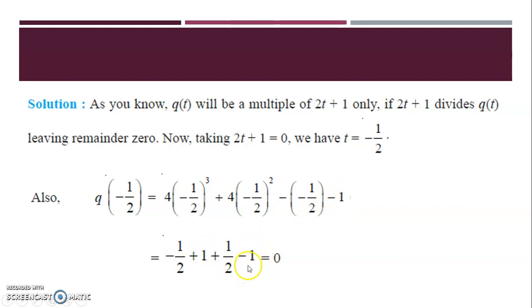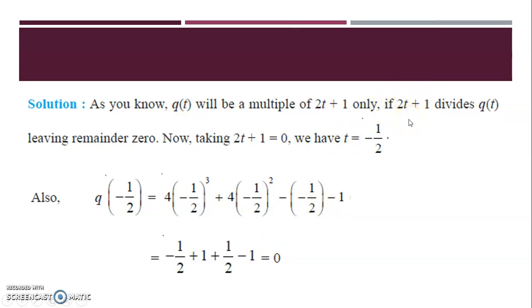Minus 1 plus 1 cancels, minus 1 by 2 plus 1 by 2 cancels, and that gives us 0. This q of minus 1 by 2 is actually the value of the remainder when q of t is divided by 2t plus 1. Since the value of the remainder is 0, it means q of t is a multiple of 2t plus 1.